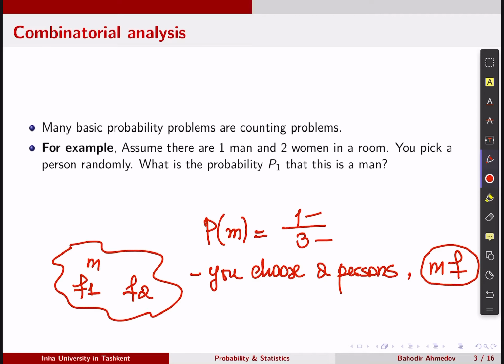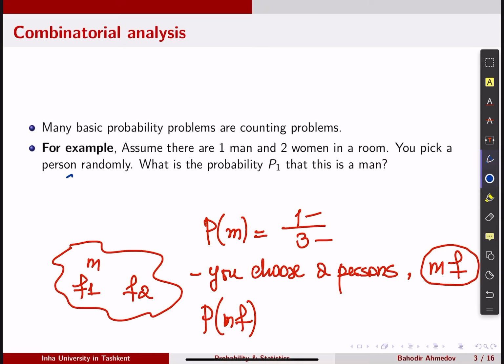It may not matter in which order they are coming, or you can say the order is important, and depending on that, we are going to calculate this differently. So let's assume that now the order does not matter. You choose 2 persons, one of them should be female, one of them should be male. What's the probability of doing this? First of all, we need to count how many different possibilities there exist.